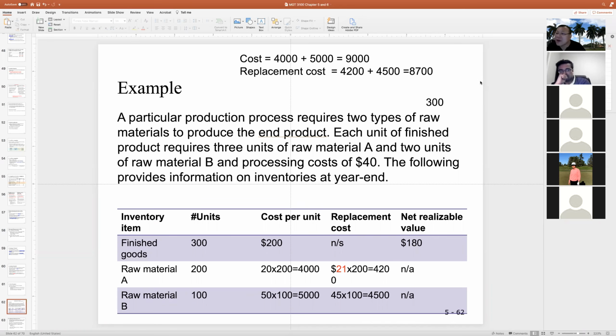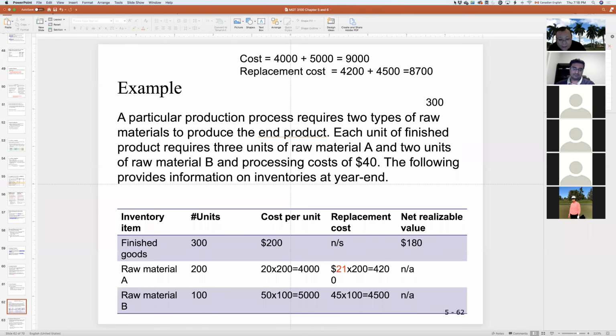Question. Yeah, go ahead. What are you going to use the processing cost of $40 for? Okay, so processing cost would be part of the finished goods. So here is what happened.